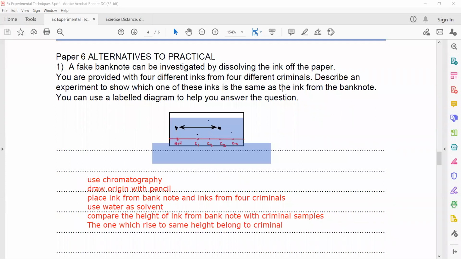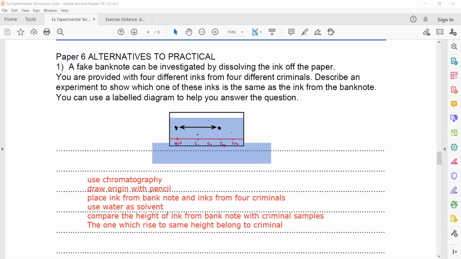The experiment: there's a fake banknote, not an original banknote, and there are samples of inks from four different criminals. So what we did, we took ink from the fake banknote, and we took ink from four different criminals, and we carried out chromatography, and we checked the height to which the ink from the banknote and the ink from the different criminals rise.